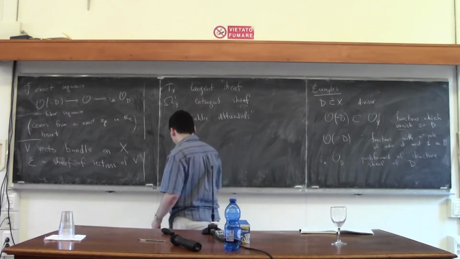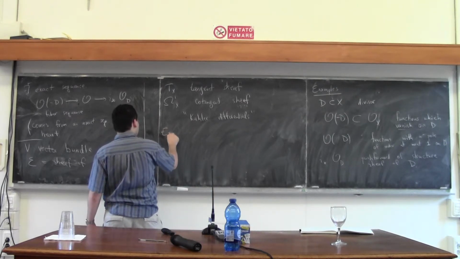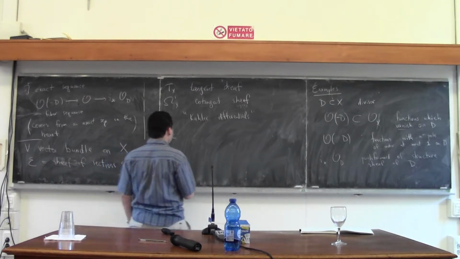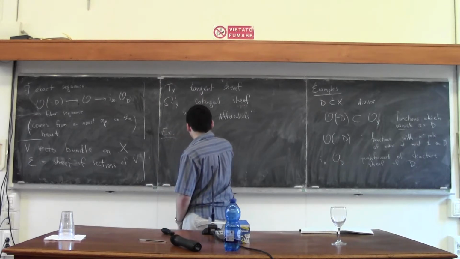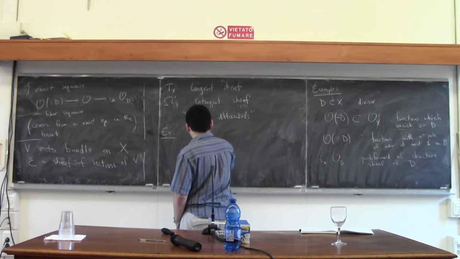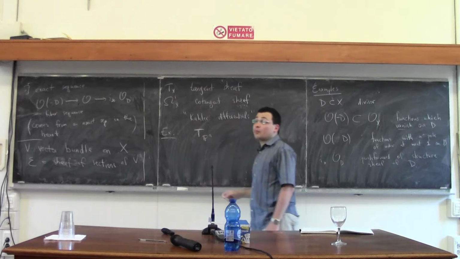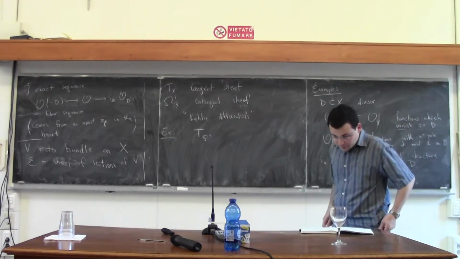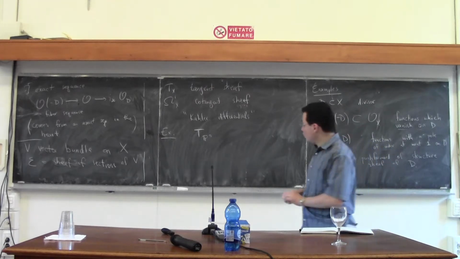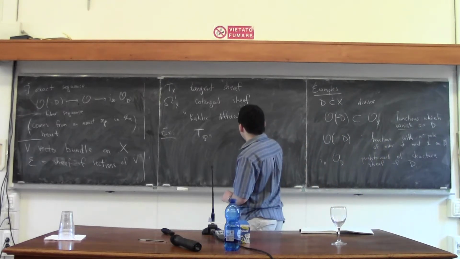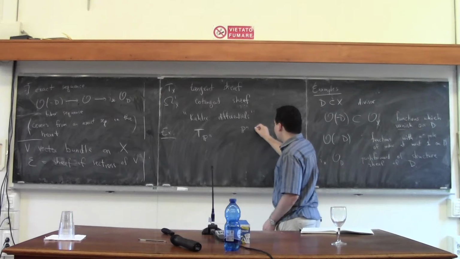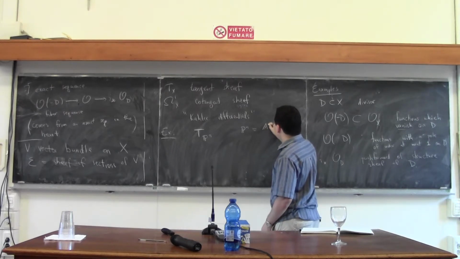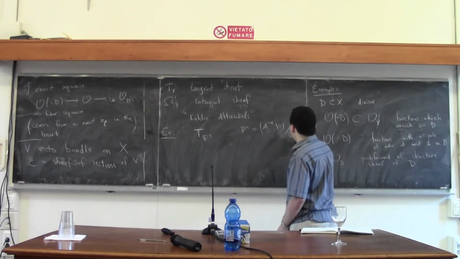So, as an example, let's consider what the tangent sheaf of projective space is. From here, we'll think of projective space as geometrically as possible, and we'll think of this as A^(n+1) minus the origin, quotiented by GL_1.